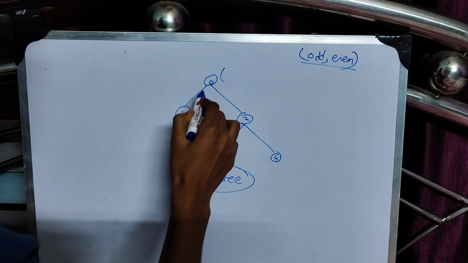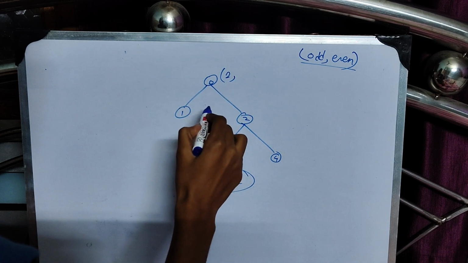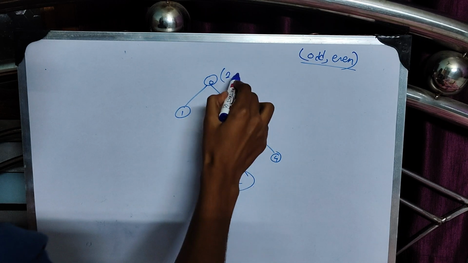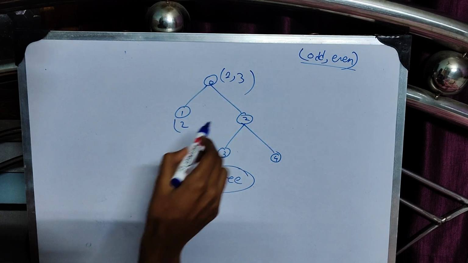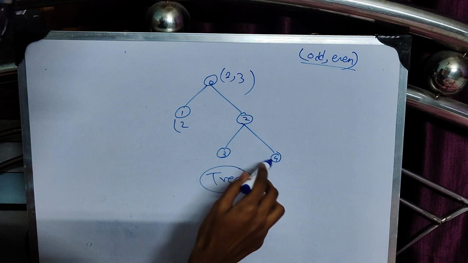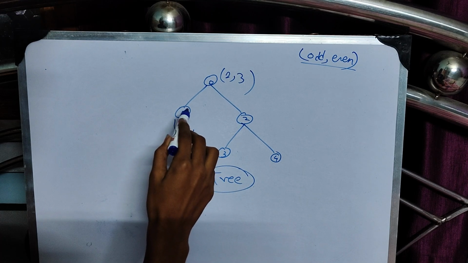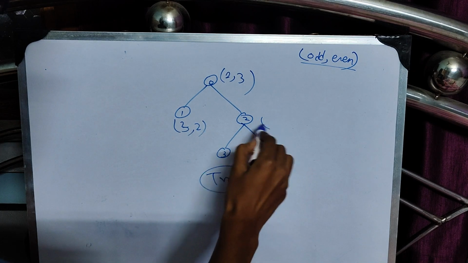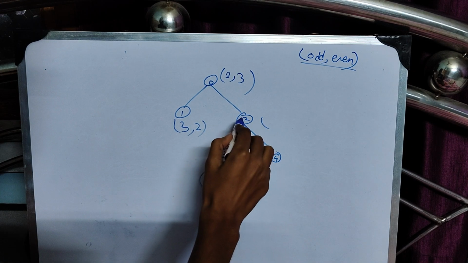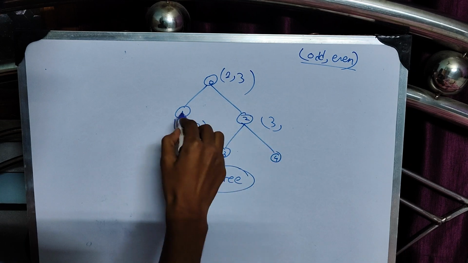So we are taking a pair of odd and even numbers of targets. For this node, how many odd target nodes are there? 1, 2. How many even target nodes are there? 1, 2, 3. For this one, how many odd target nodes are there? 1, 2, 3. How many even? 1, 2. For node 2, odd is 1, 2, 3 and even is 1, 2.